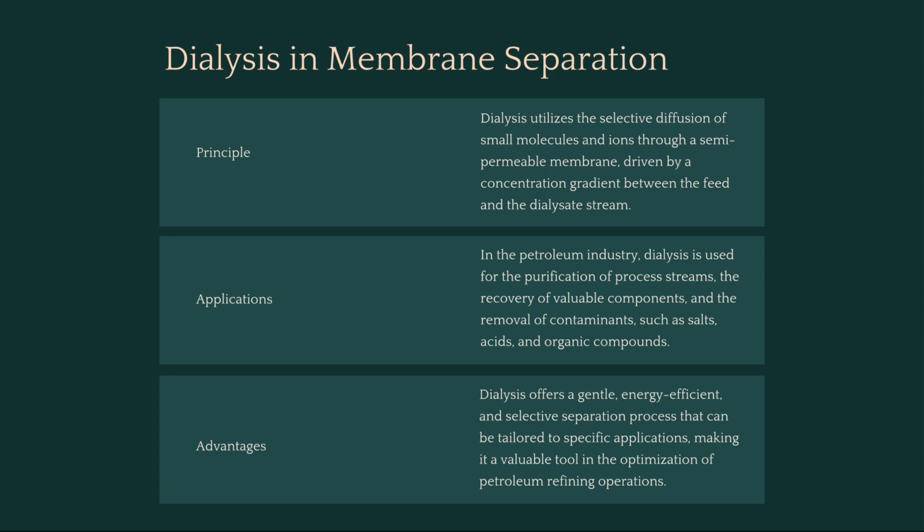Additionally, the ability to tailor dialysis membranes to specific applications enhances its versatility, making it suitable for a range of separation tasks within the petroleum industry. This adaptability not only optimizes the efficiency of refining processes, but also allows for the production of high purity outputs, meeting stringent industry standards and demands.